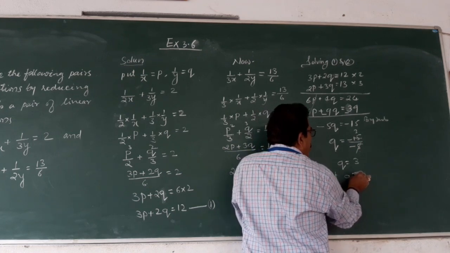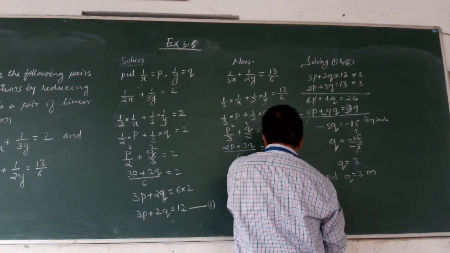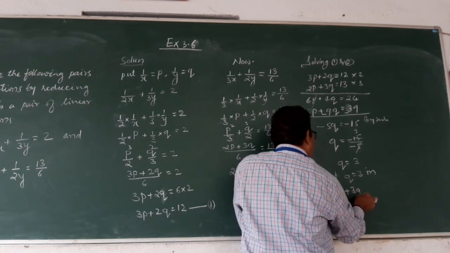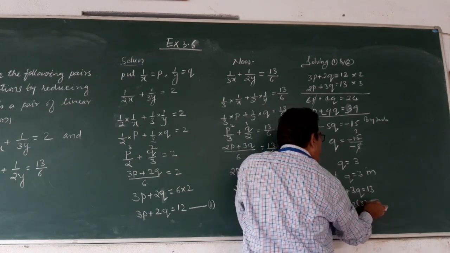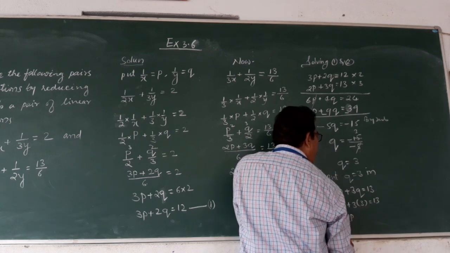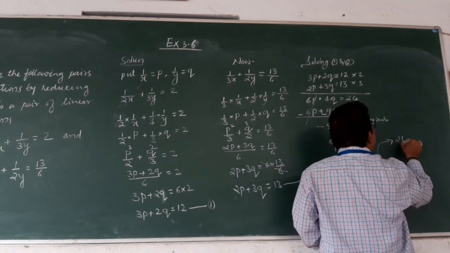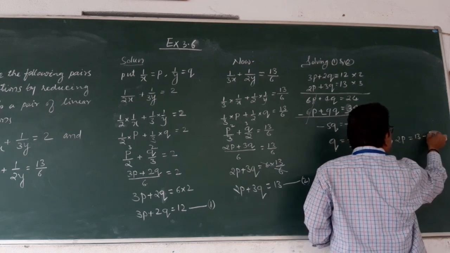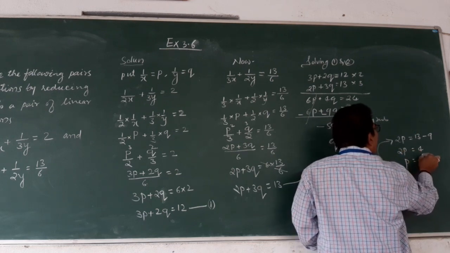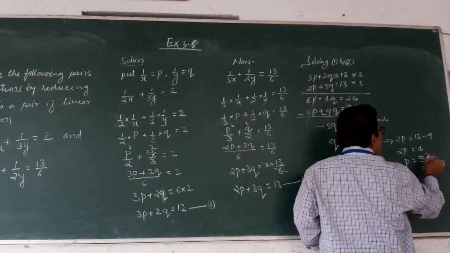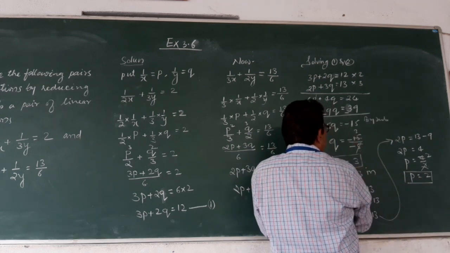Put q equals 3 in 2p plus 3q equals 13. 2p plus 3 into 3 equals 13, 3 threes are 9, then 2p equals 13 minus 9, 2p equals 4, p equals 4 by 2, p equals 2. We got p equals 2, q equals 3.